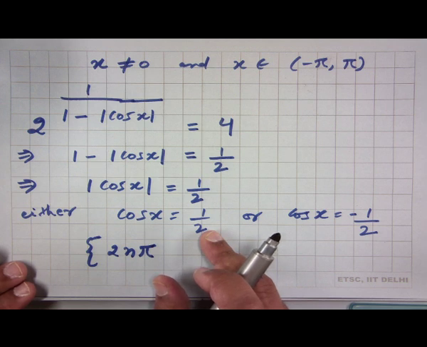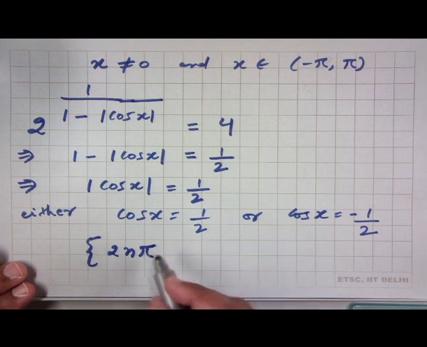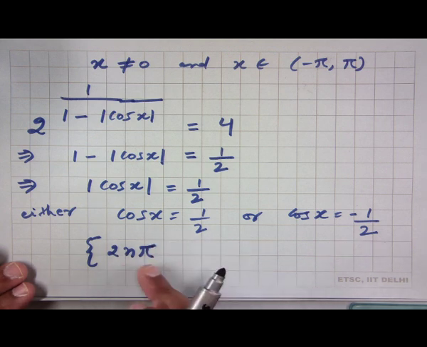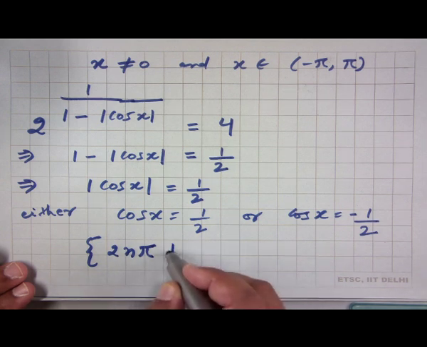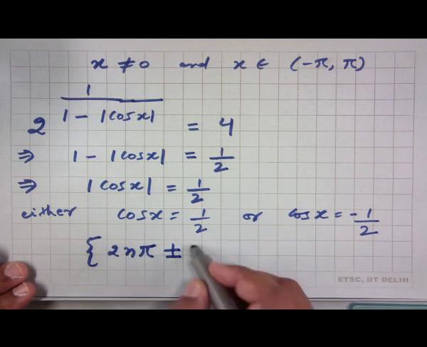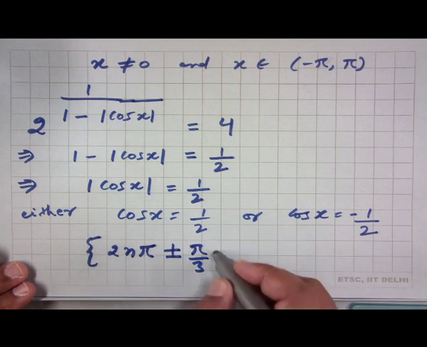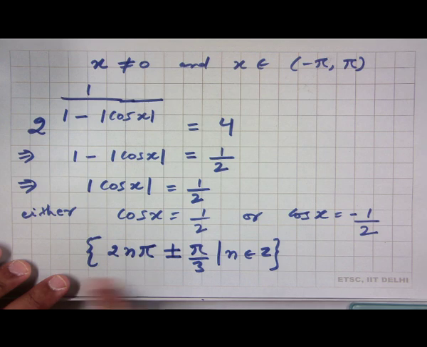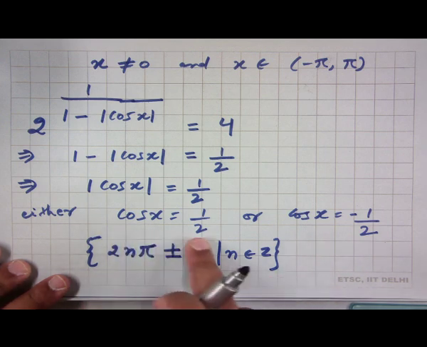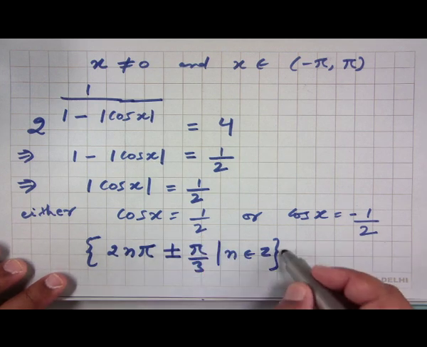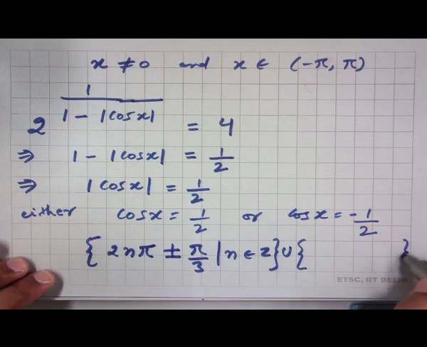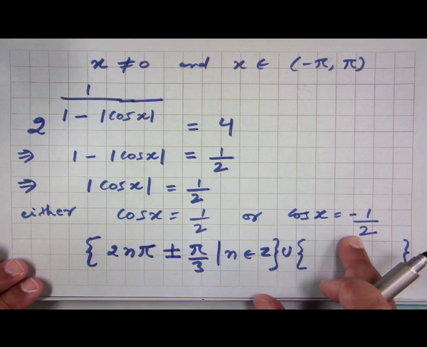So, using the formulation earlier, we had shown that the general solution for cos x equal to cos y is 2n pi plus minus y. So, we will have 2n pi plus minus pi over 3, n being integer. So, this is the general solution set for the first condition, cos x equal to half, union with the solution set for the other condition, cos x equal to minus half.